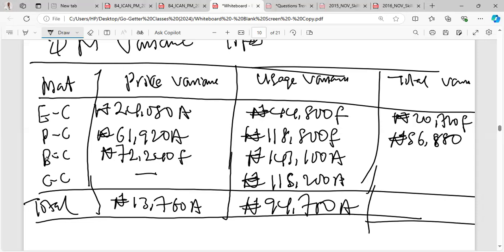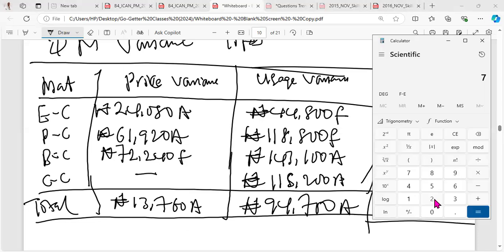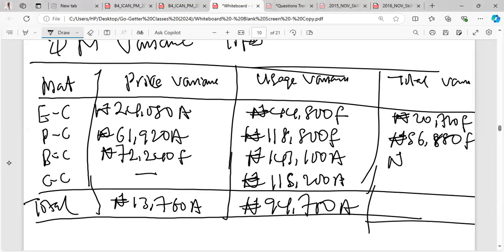Then the next one is 72,240, that's favorable, minus the adverse 143,100. That gives us 70,860 adverse. The year, of course, is 115,200 adverse.